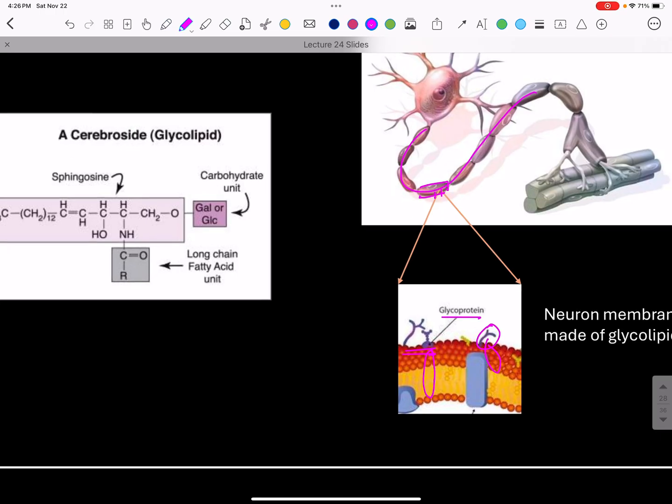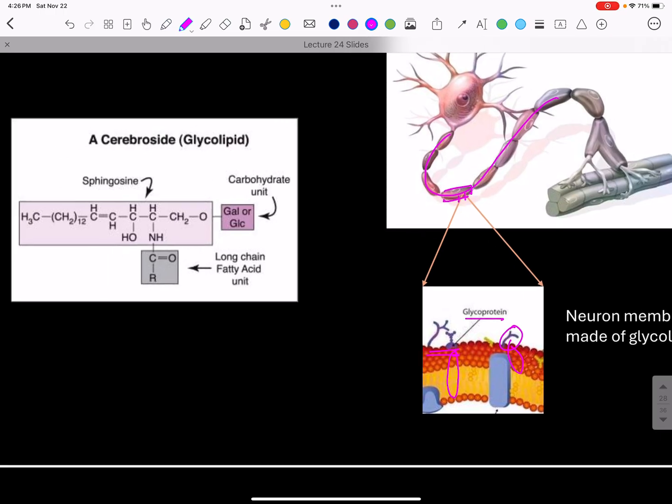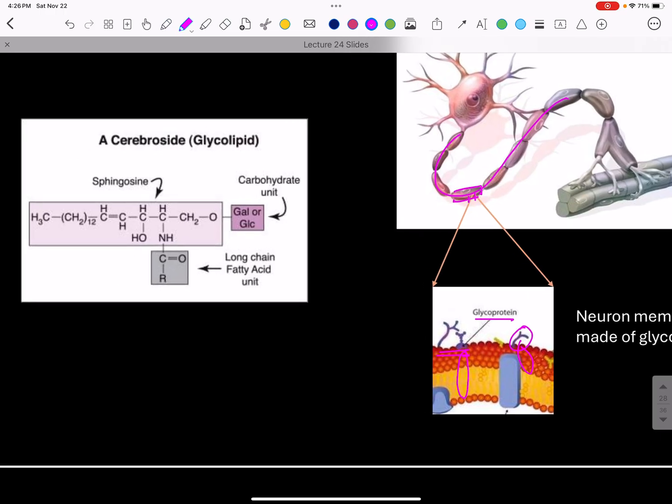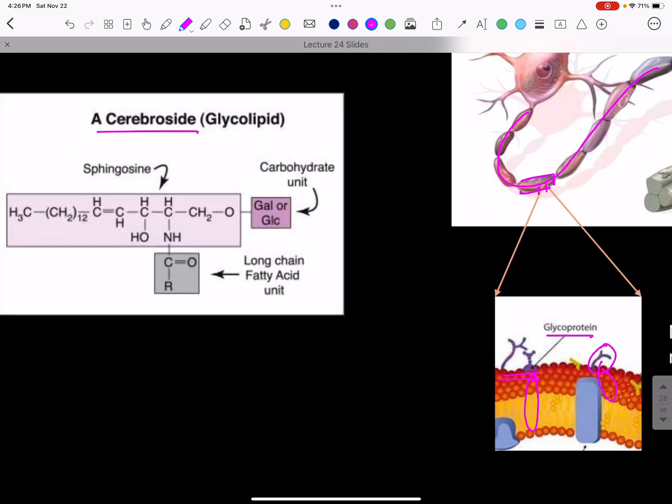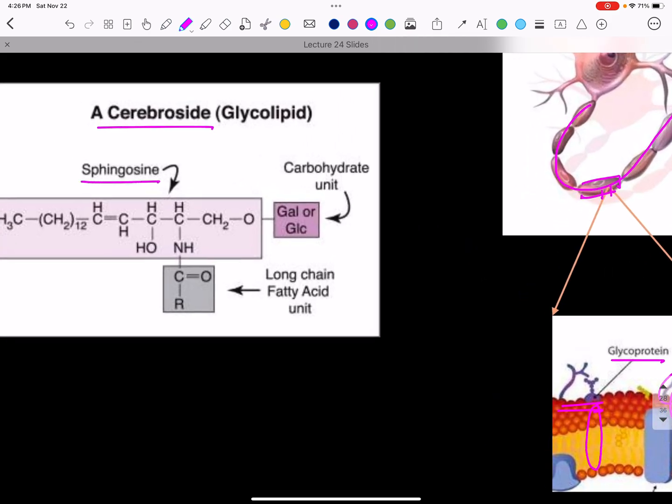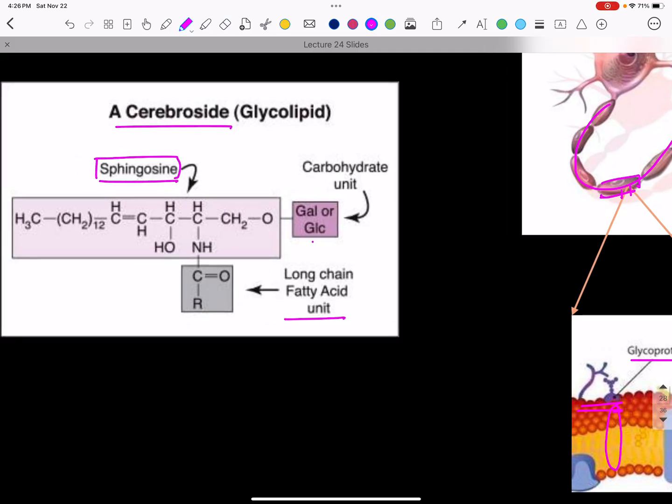So in terms of the basic structure, this is what we see in the case of CNS. The cerebroside is an example of a glycolipid. It has a backbone called sphingosine, and then we have a fatty acid chain, and then a sugar unit. So instead of having a glycerol backbone as we had in the case of phospholipids, in these cases we have a different type of alcohol-based backbone, and this is called sphingosine.